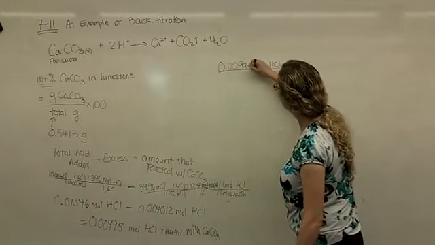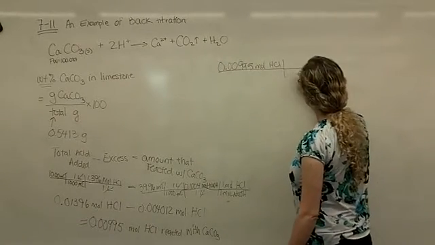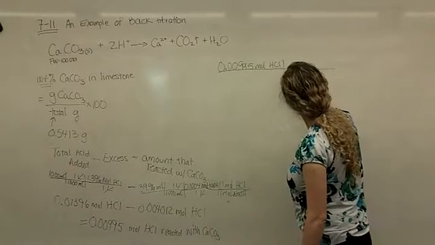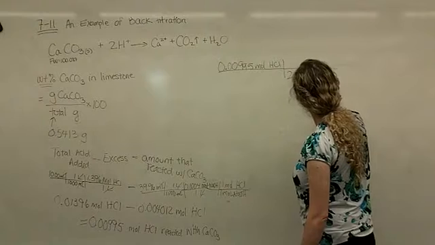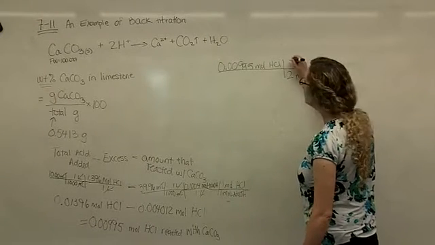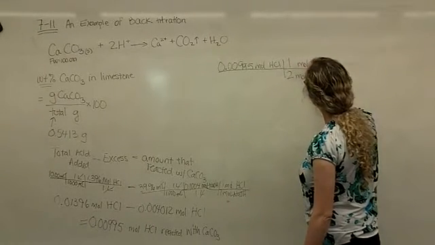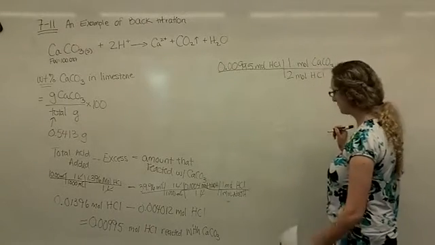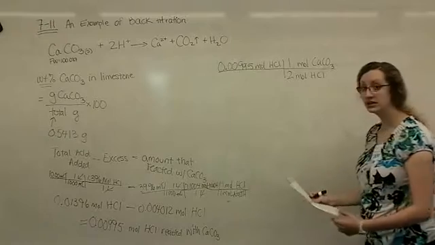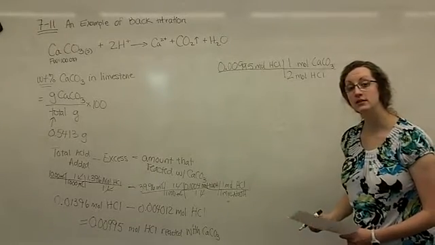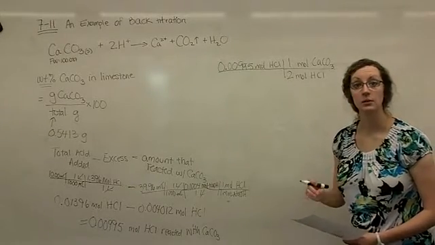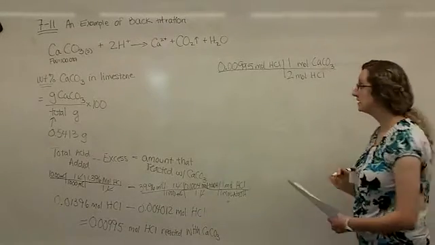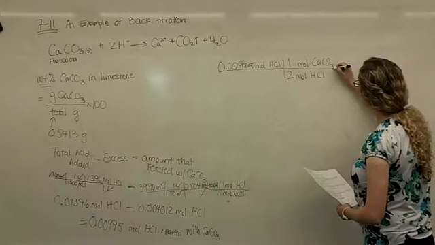So to convert, we know that there's 2 moles of HCl to 1 mole of calcium carbonate. And then we can continue with this step and use the molar mass of calcium carbonate, which is given here as 100.087, to get to grams.